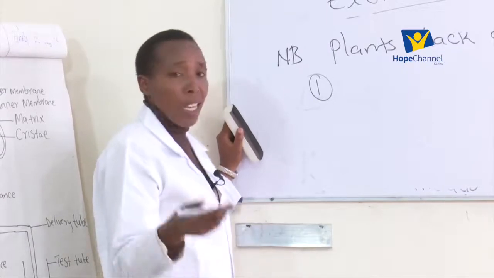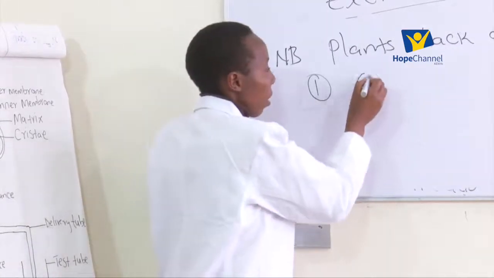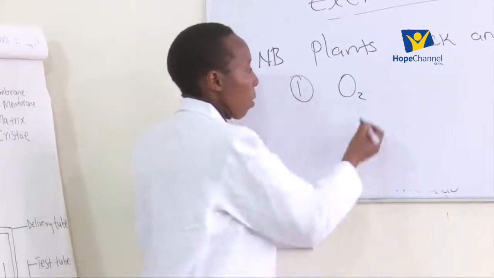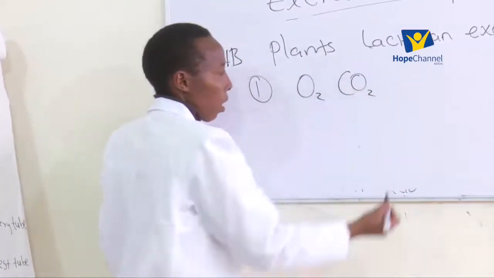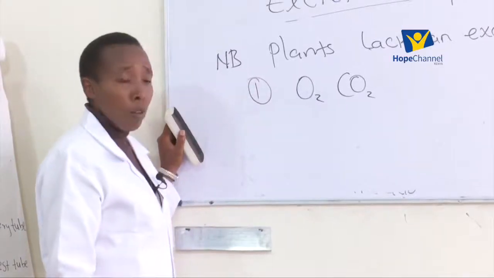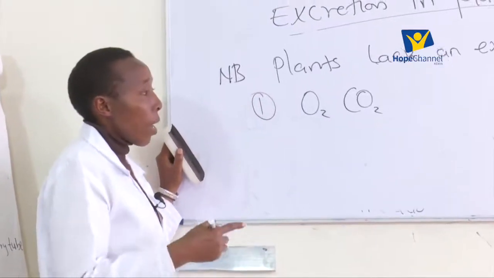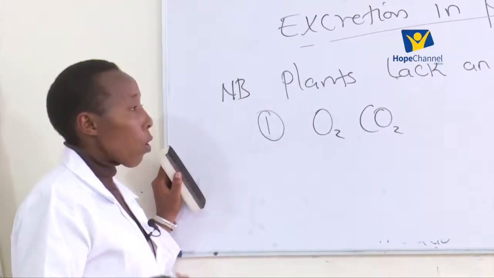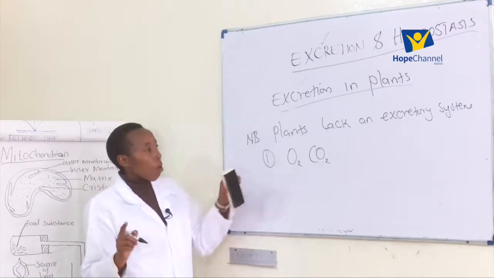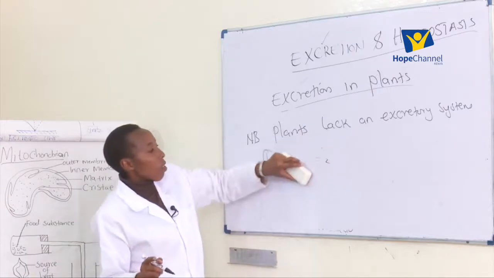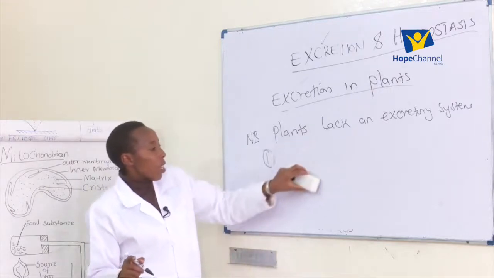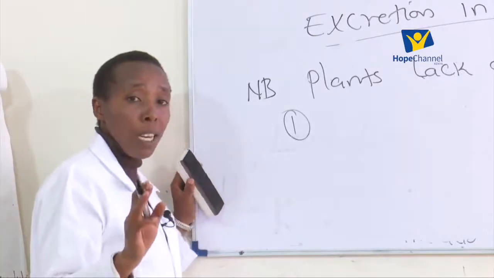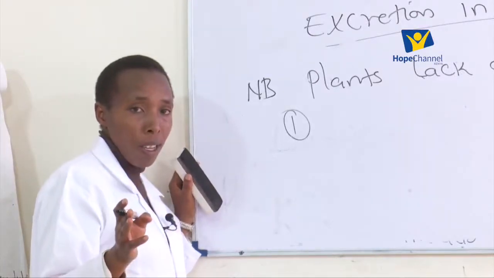So waste products like oxygen are not that toxic to the plants. Waste products like carbon dioxide are not that toxic to the plant, because plants need oxygen, they need carbon dioxide. So the first reason why plants lack an excretory system is that their main waste products come from the breakdown of carbohydrates.